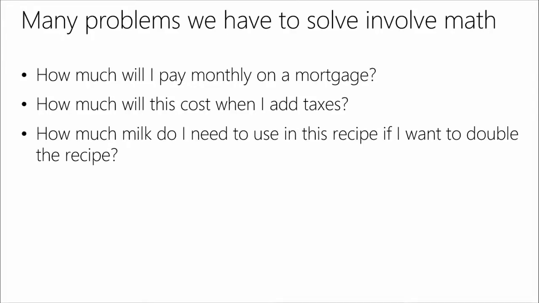Or maybe you're trying to figure out how much something is going to cost when you add taxes. In Canada, different provinces have different tax levels. There's a federal tax, there's a provincial tax. Some items are taxed, some aren't. How much should I leave someone as a tip at a restaurant? How much milk do I need to use in this recipe if I double the recipe? There are so many different scenarios where math is required to solve the problem.